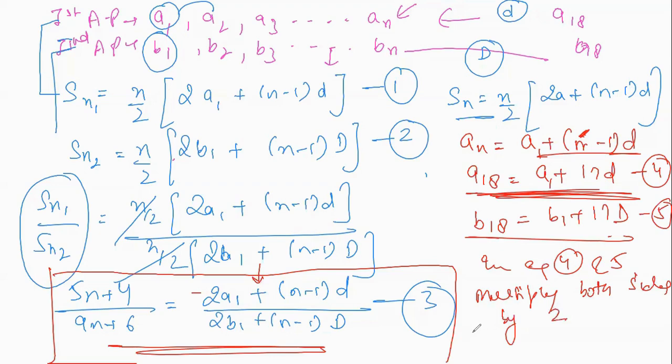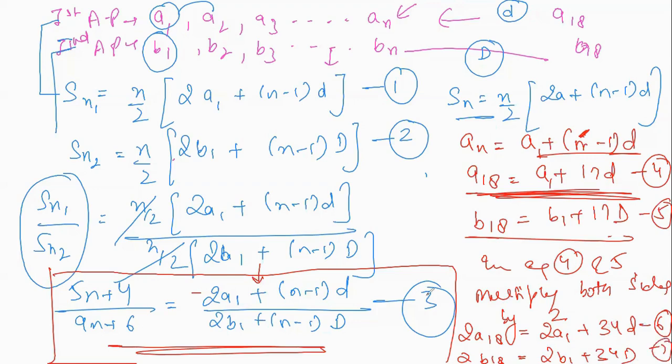Now the equation will become 2 times A18 equals 2 times A1 plus 34d. For the fifth equation, it will become 2B18 equals 2B1 plus 34 capital D. Okay, this is the sixth equation, and this is the seventh equation.